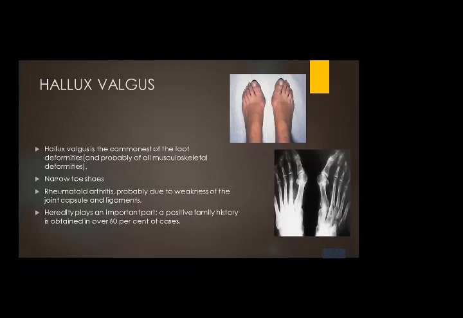It's a deviation of the big toe away from the midline, towards the lesser toes, and it's usually associated with bunion. It is caused by narrow toe shoes and some pathological conditions like rheumatoid arthritis, which is one of the culprits, and it is due to weakness of the joint capsule and ligaments.